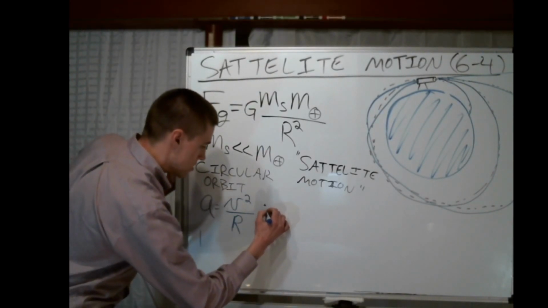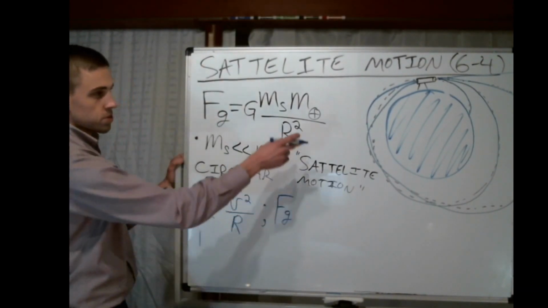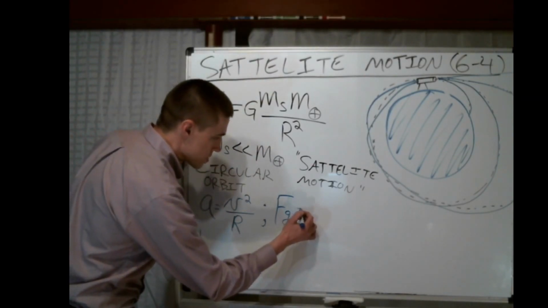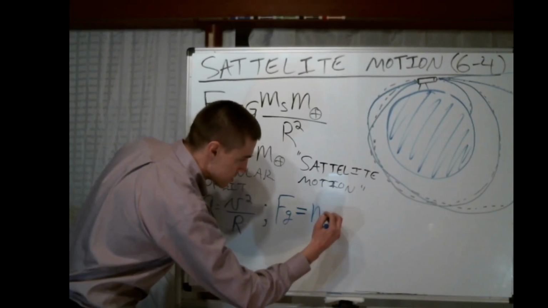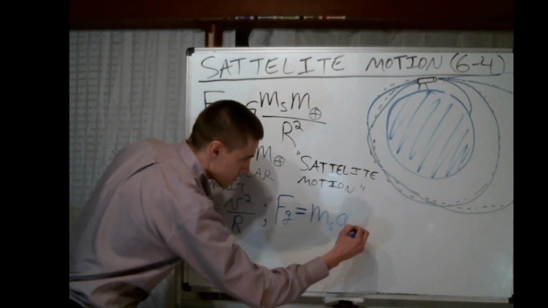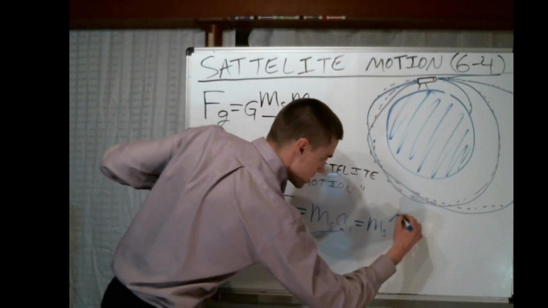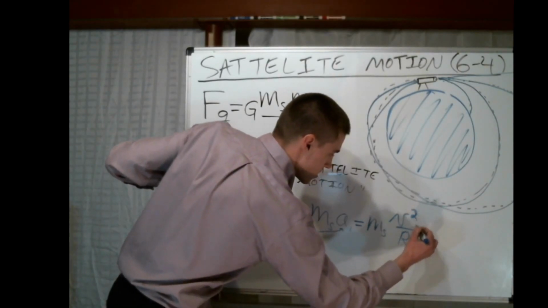For a satellite, the gravitational force is the centripetal force that's holding the satellite in its orbit. So the force of gravity is equal to the mass of the satellite times its acceleration, equal to the mass of the satellite times its speed squared divided by the radius of the orbit.